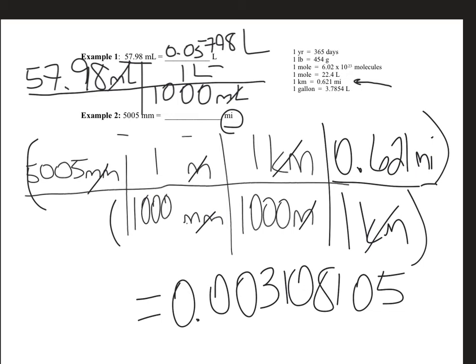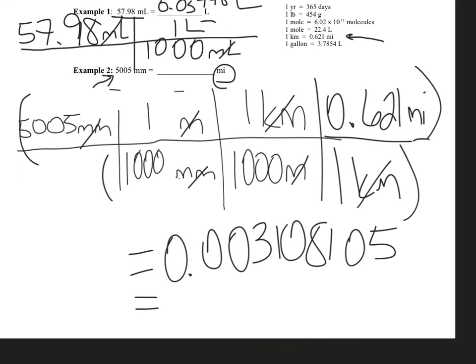The rule of thumb that we're going to let you use for dimensional analysis is look at the number of sig figs you start with. That's how many sig figs you can end with. So if I started with 4 in my initial number, 5005, those are both sandwich zeros, I want to round my final answer to also have 4.